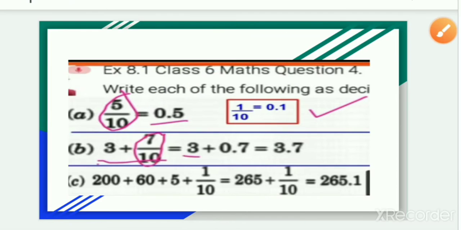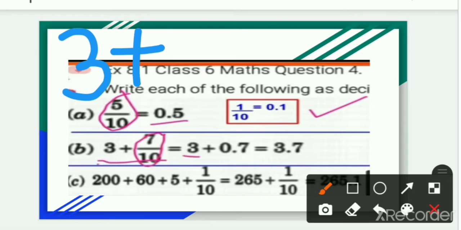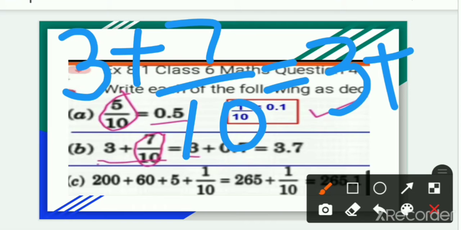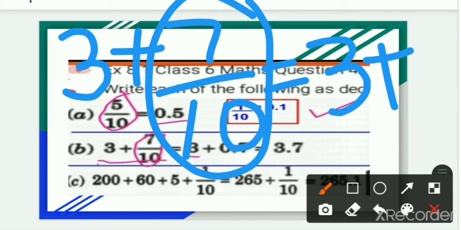So the next question we have is 3 plus 7 by 10. It is also very easy. First of all we write 3, and then we solve the fraction 7 by 10 by dividing 7 by 10.